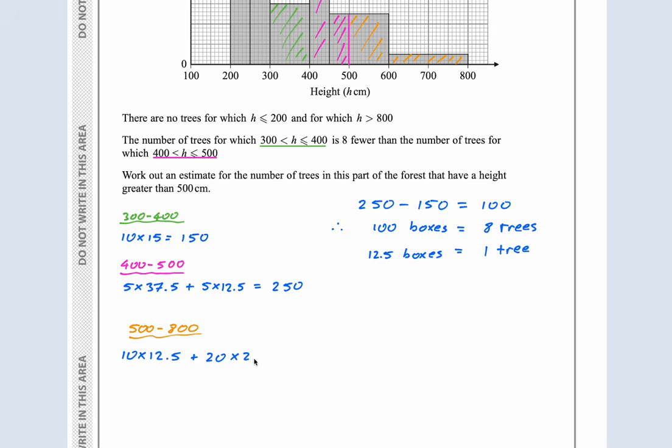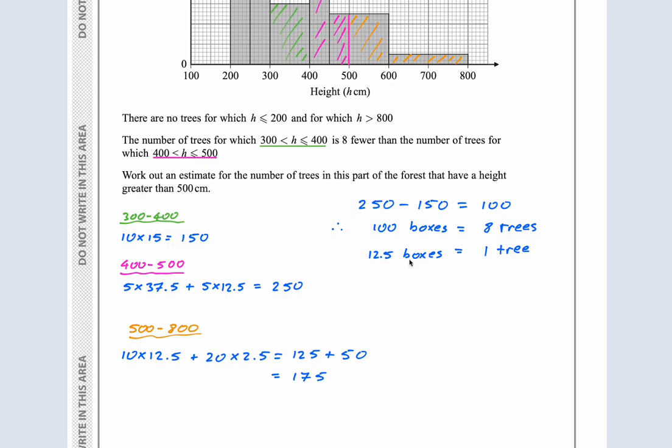That's 125, and 20 times 2.5 is 50. You can use your calculator, but this gives me 175. So there's 175 boxes here.